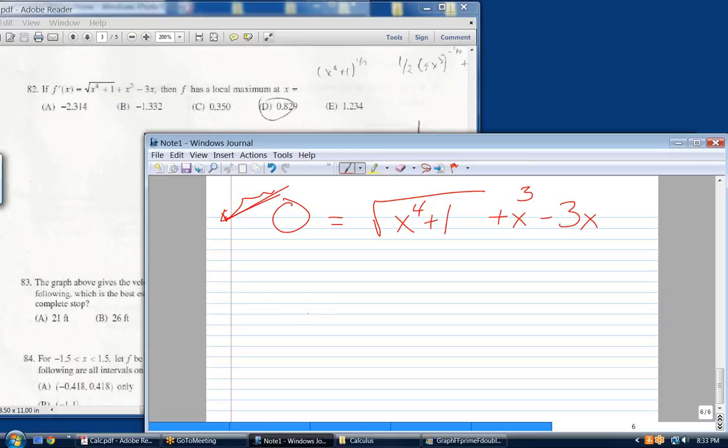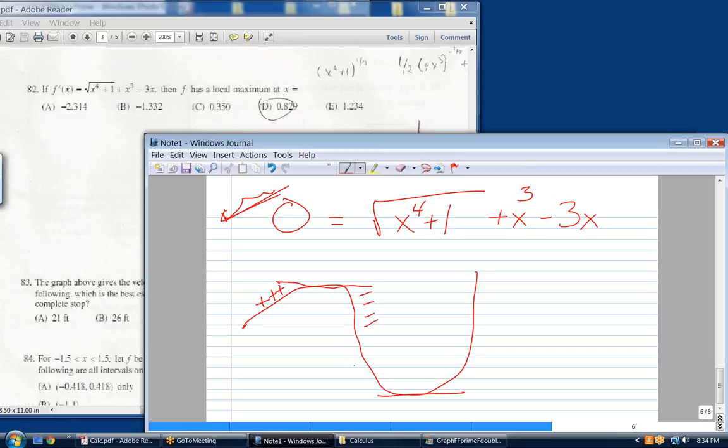Here's the first derivative test. Let's say we want to figure out where the local minimum and where the local maximum is. We're going to take the derivative. There's 2 places where the slope is 0, there and there. The first derivative test says that the slope has to change sign from plus to minus for it to be a maximum.